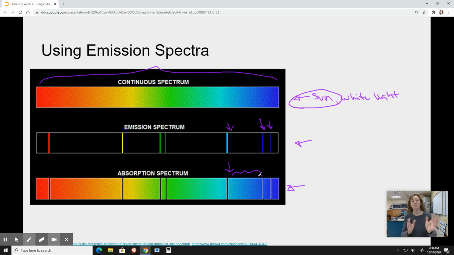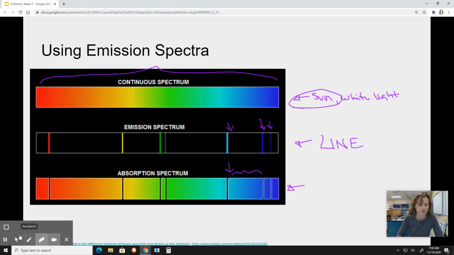And so emission spectrum and absorption spectrum for a specific material are just going to be perfect opposites. Whatever the emission spectrum emits, the absorption spectrum absorbs, and vice versa. So that's the difference between them. Our line spectrum is the emission spectrum. So that's going to be the one that we're going to work with the most this year.